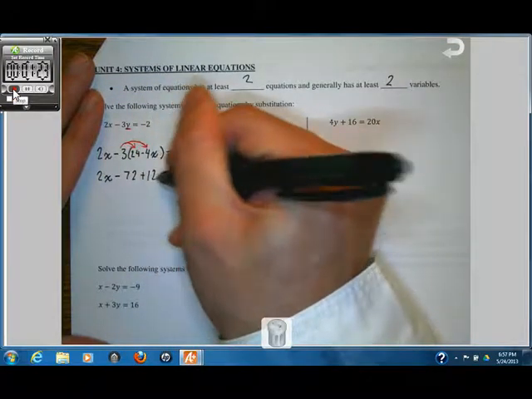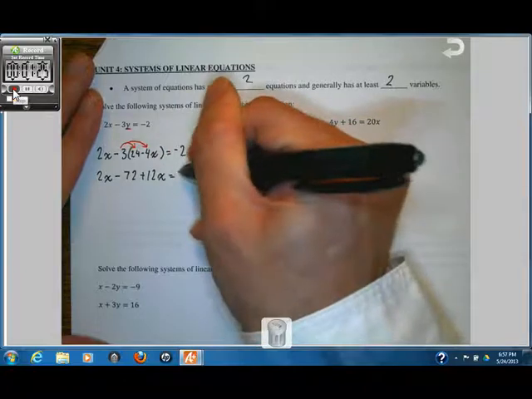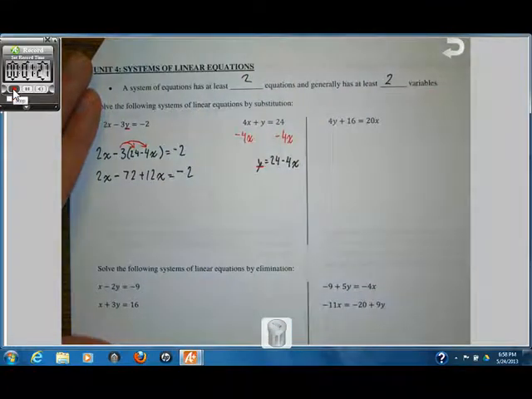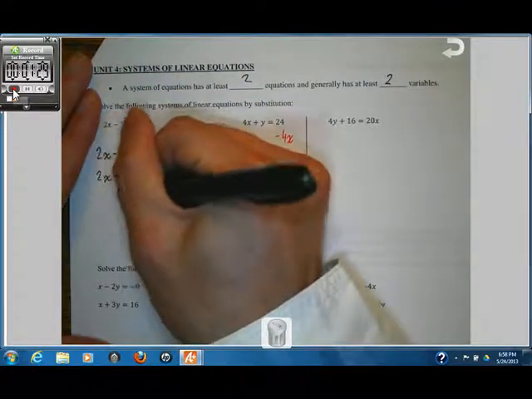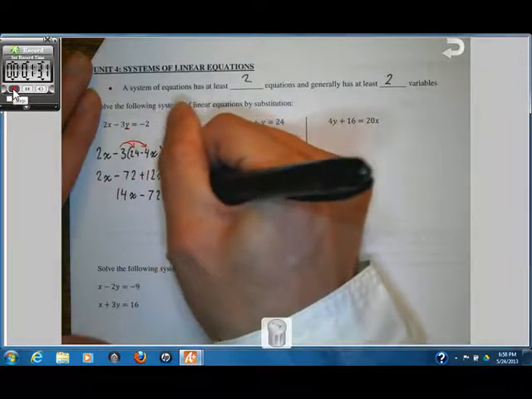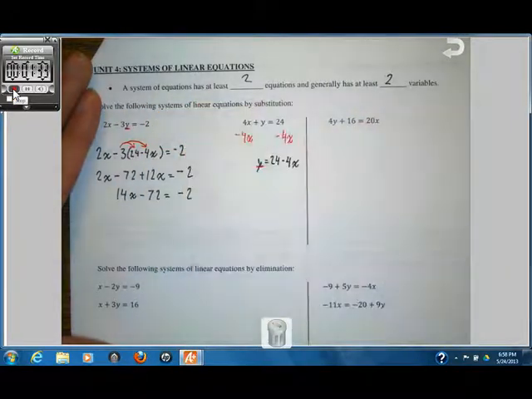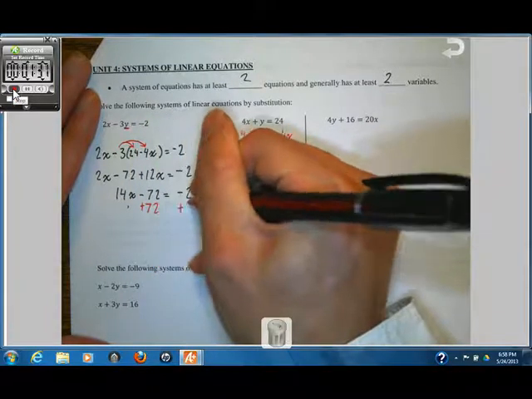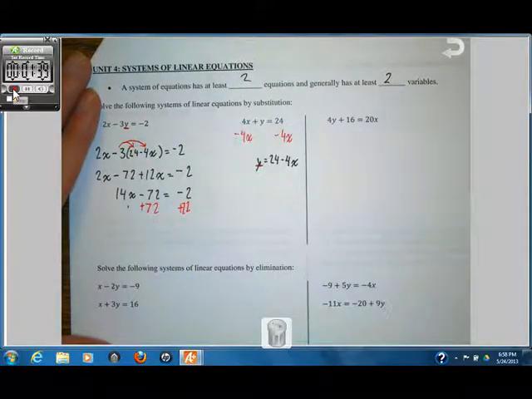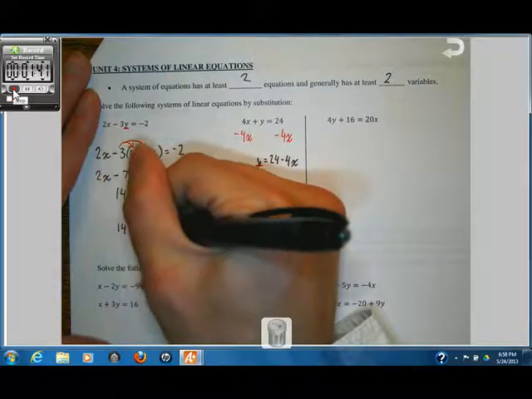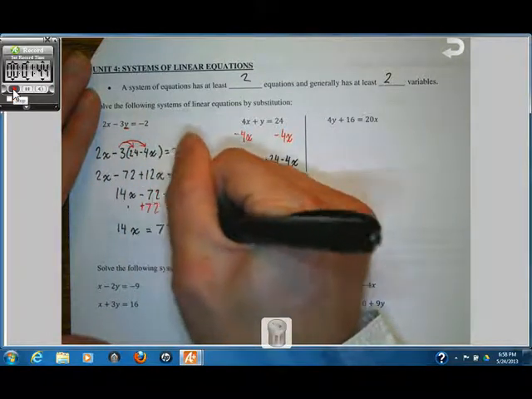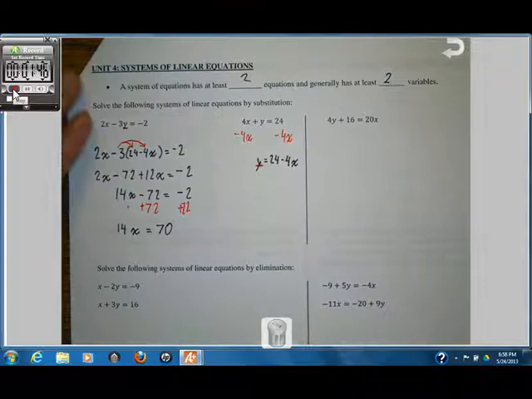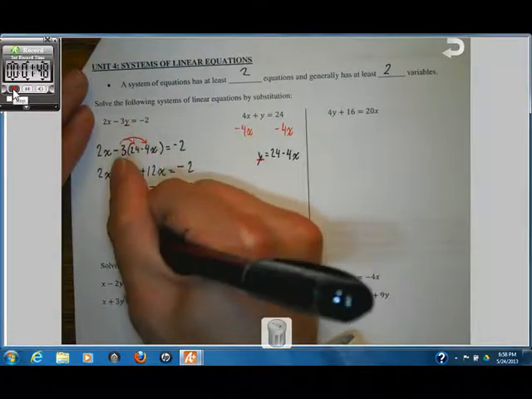You combine your like terms, so you have 14x minus 72 is equal to negative 2. You add 72 to both sides, and so you have that 14x is equal to 70, and then you divide both sides by 14. And so you have that x is equal to 5.